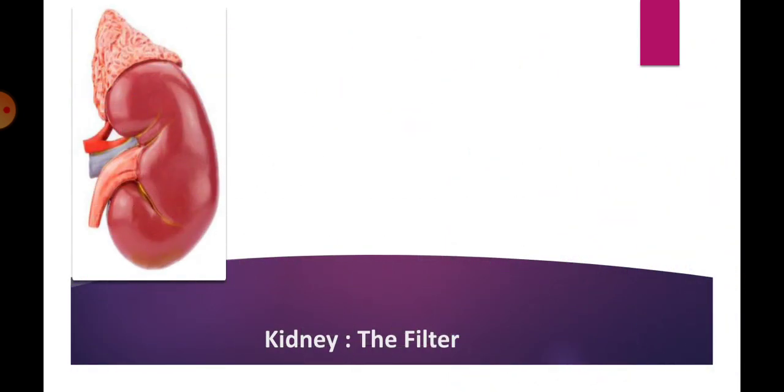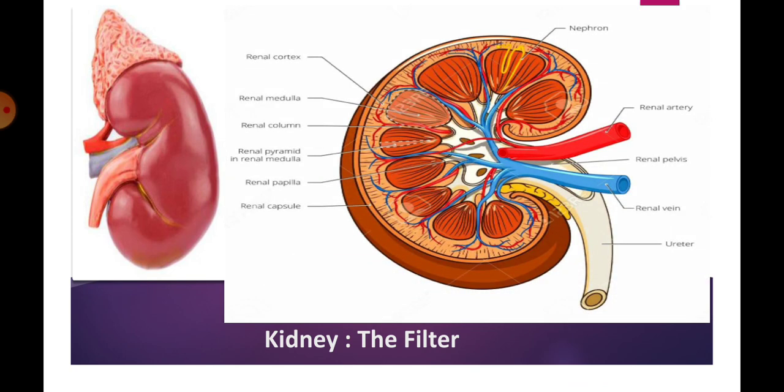You're seeing a three-dimensional picture of the kidney, but if you cut the kidney in the middle, then you will see inside the kidney like this image. There are many parts in the kidney.